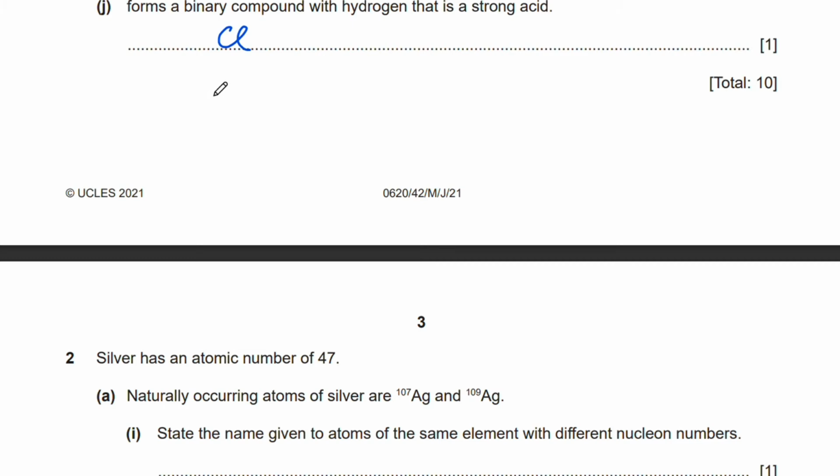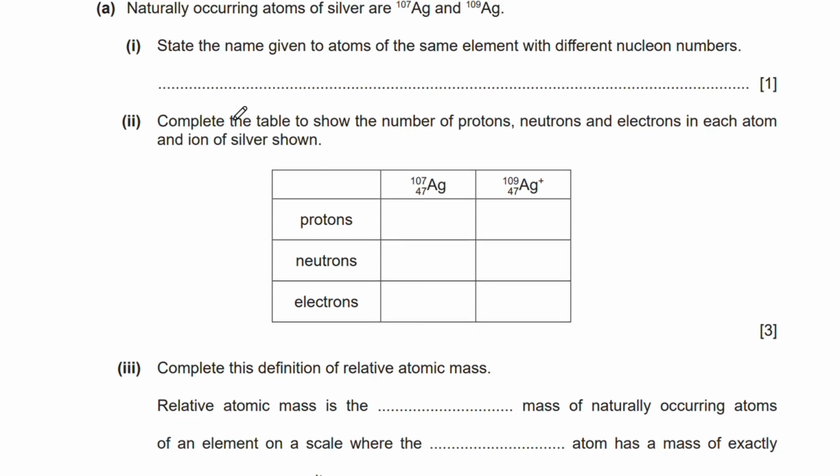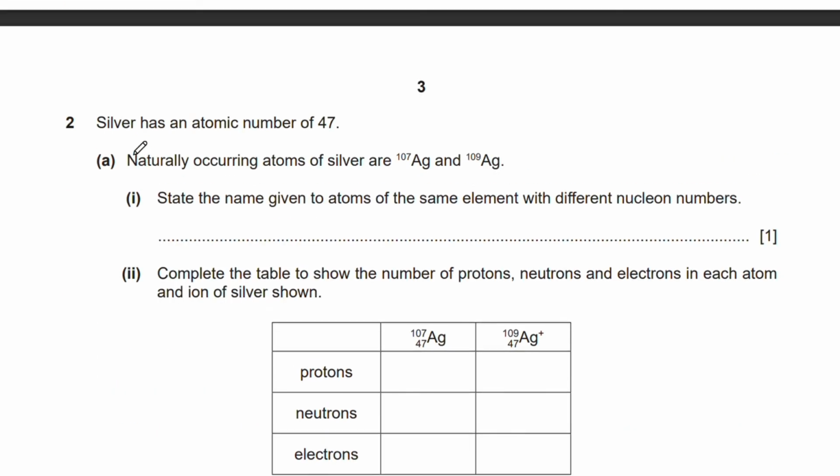Now next question. Silver has an atomic number of 47. Naturally occurring atoms of silver are Ag 107 and Ag 109. So these are the nucleon numbers, the total number of nucleons, where the atomic number of both of them is 47 only.